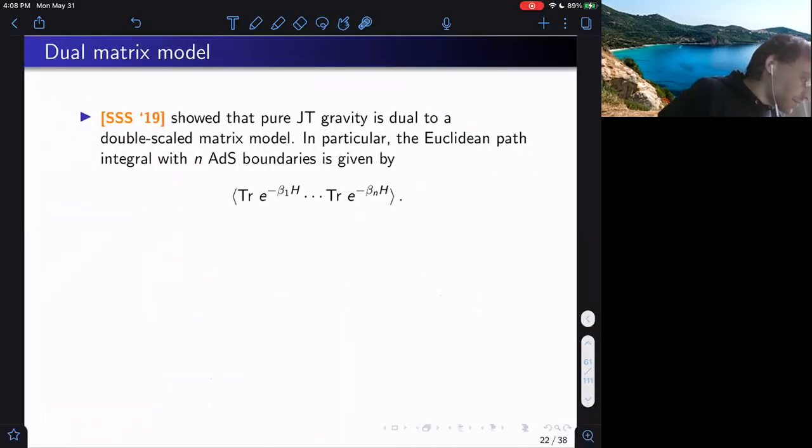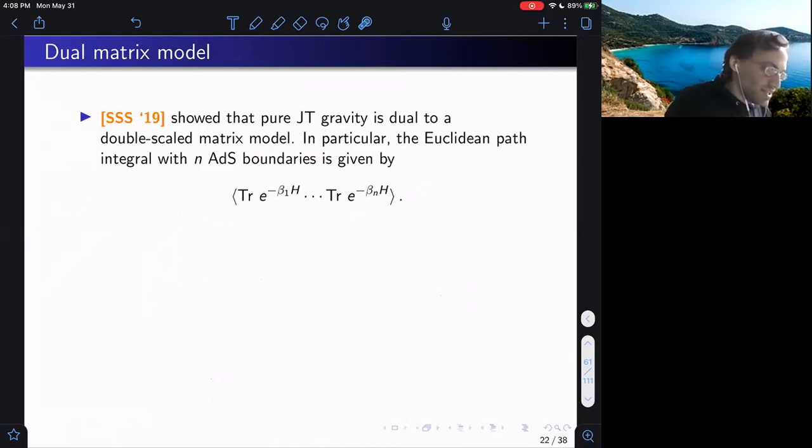Okay, so now a few words about the dual matrix model. Saad, Shenker, and Stanford showed in 2019 that pure JT gravity is dual to a double-scaled matrix model. In particular, the Euclidean path integral of JT gravity with n AdS boundaries is given by this correlator over here.